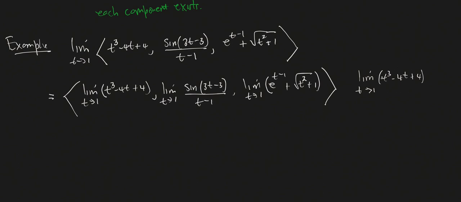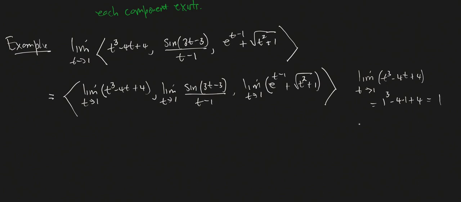And polynomials, we know, are continuous everywhere. In fact, we're going to get to continuity in a second. But process-wise, this is equal to 1 cubed minus 4 times 1 plus 4. So that is equal to 1. So the limit of the first component of my vector function exists, and it's equal to 1, so that's good.